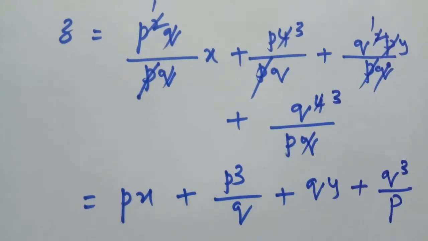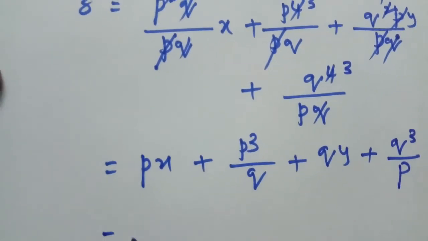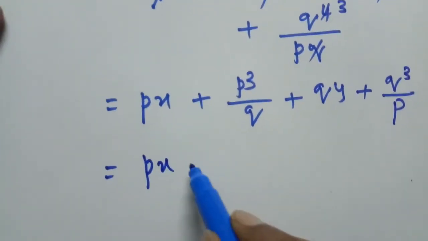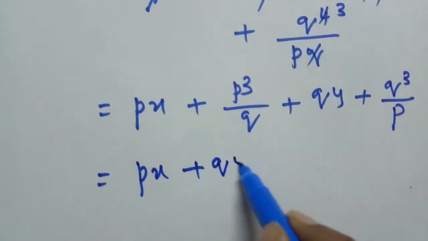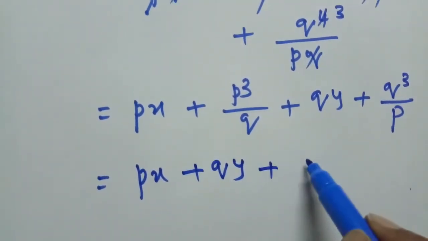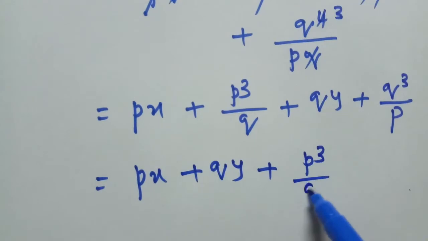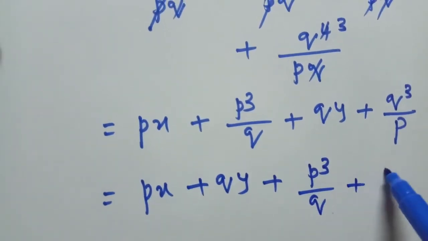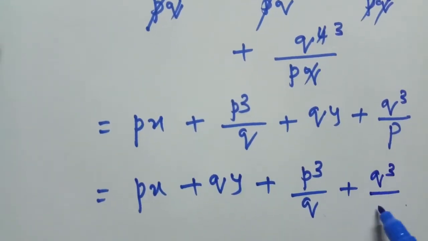Therefore, this can be written as px plus qy plus p cube by q plus q cube by p.